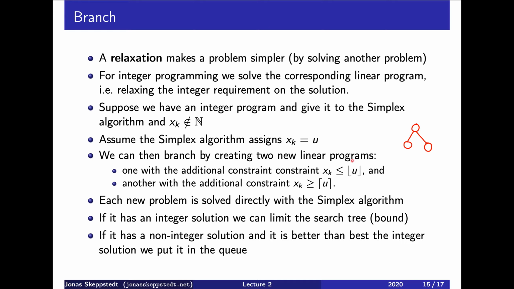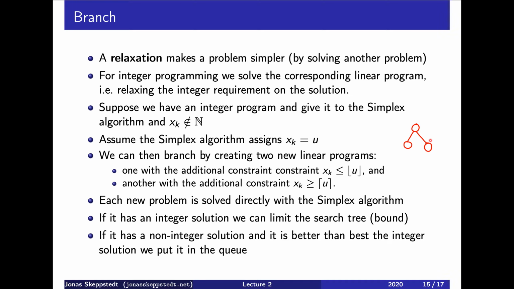The nodes get the same inequalities or conditions as the parent, but in addition each gets one of these: in one branch, this variable should be less than or equal to the floor of this value, and in the other branch it should be greater than or equal to the ceiling of this value.